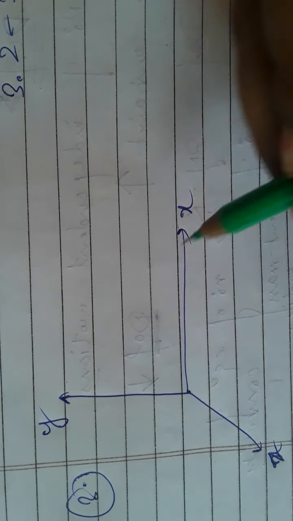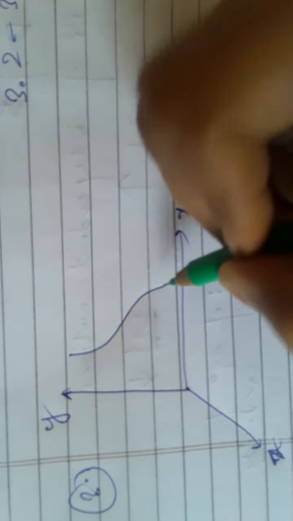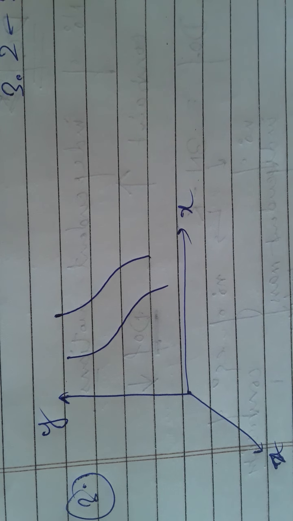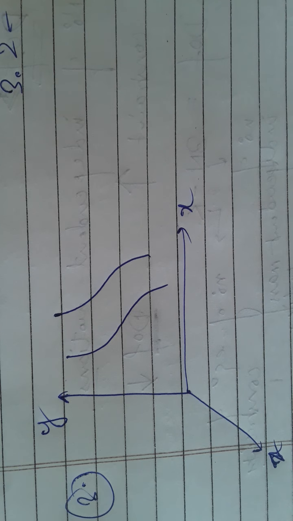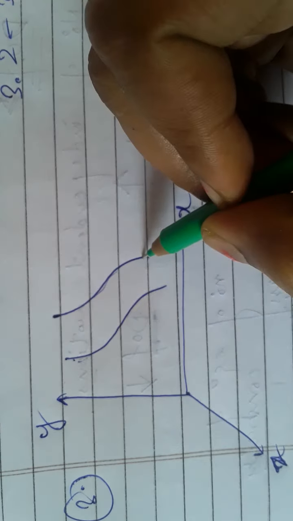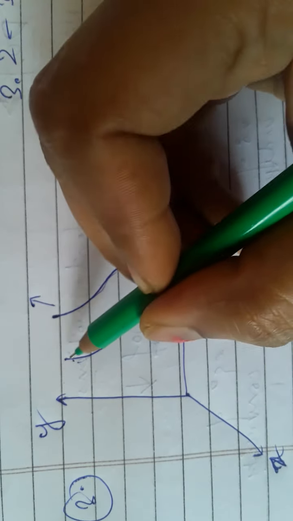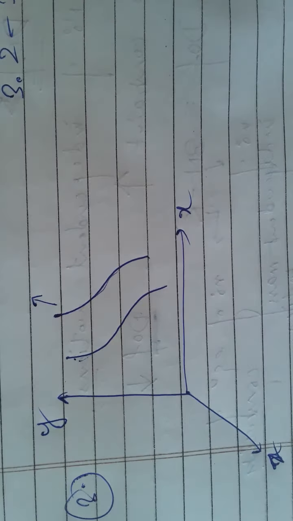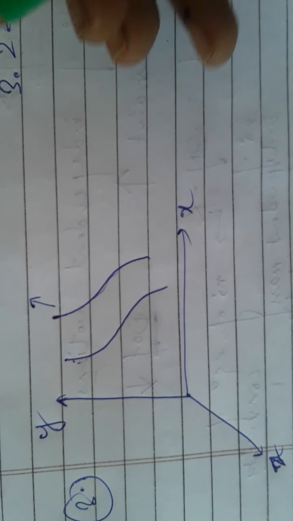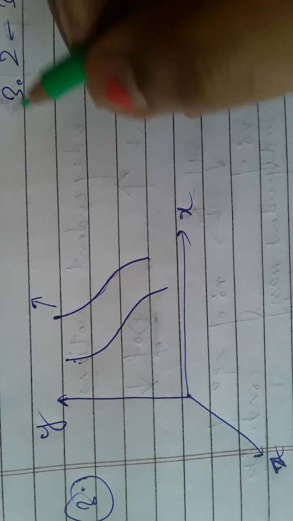This is your system, and here are two curves. The curve equation may be given or not given. So there are two curves. If there are curves, then there will be some equation related to this curve. Whenever you draw some curve, that is on the basis of some equation, some function.